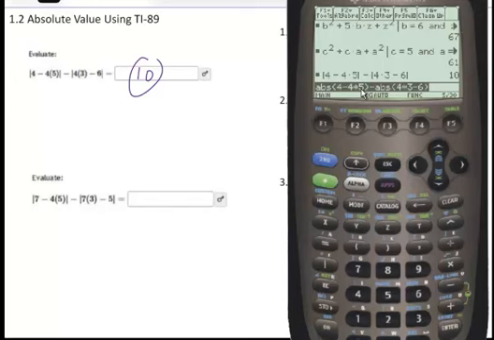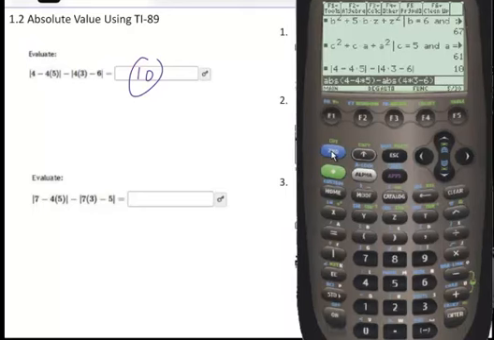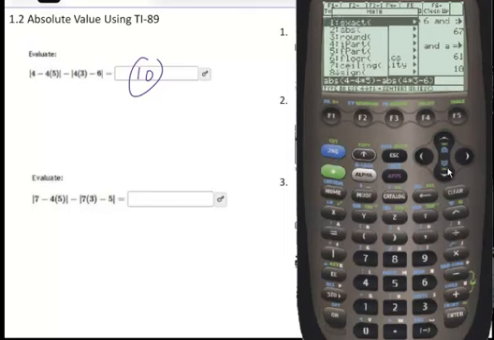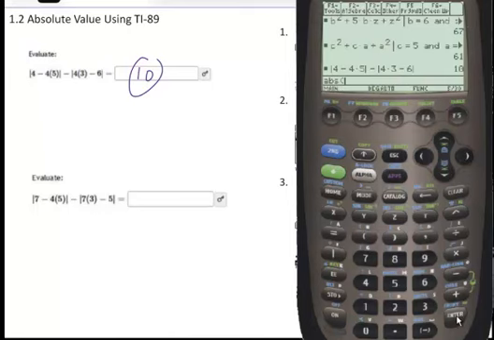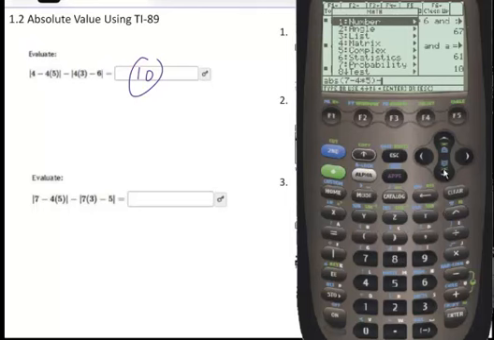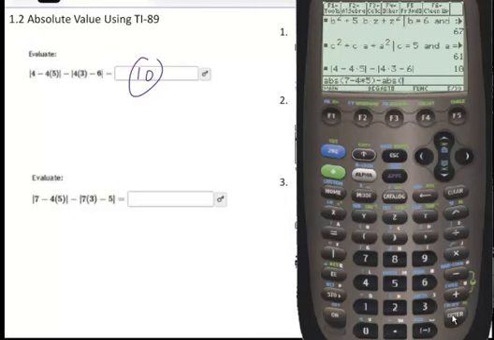All right, I want you to try the second problem on your own, see if you can evaluate that absolute value. So again, I go into my math catalog, after number, scroll down to absolute value, ABS, type in my first expression, 7 minus 4 times 5, close that off, minus, again, I'm going to access it the same way, math catalog, choose absolute value.